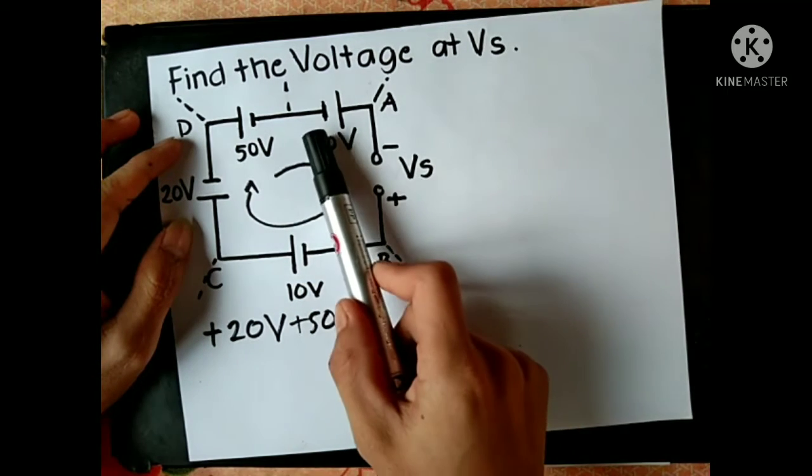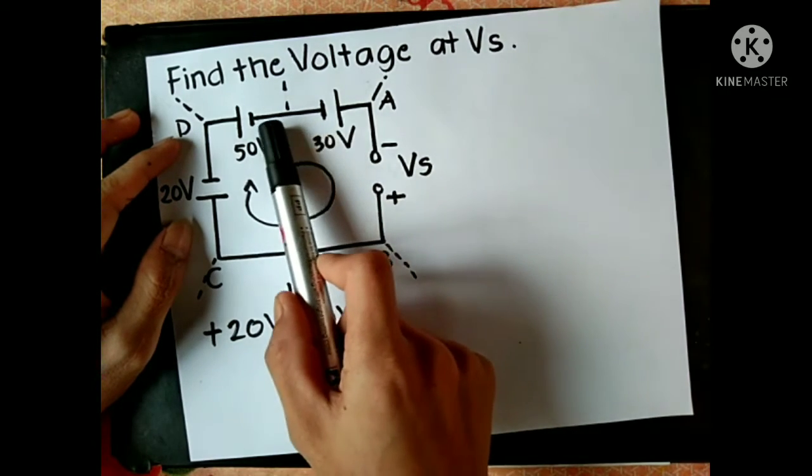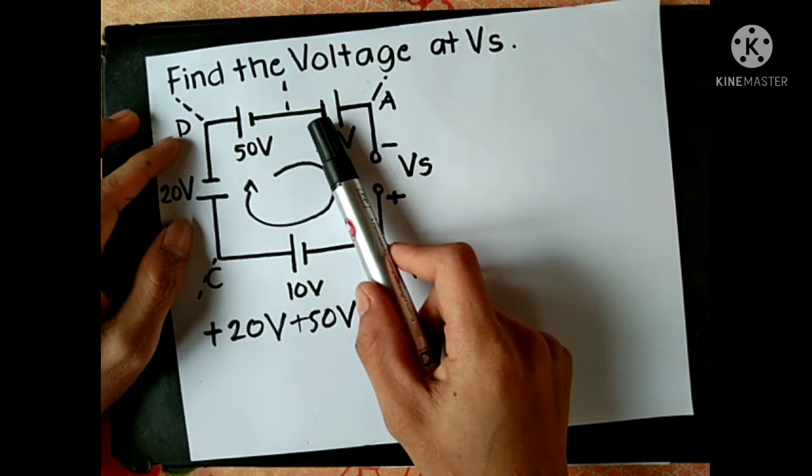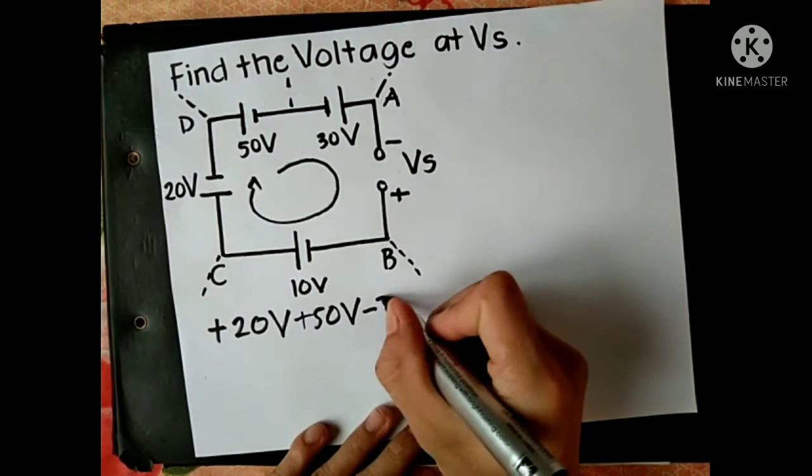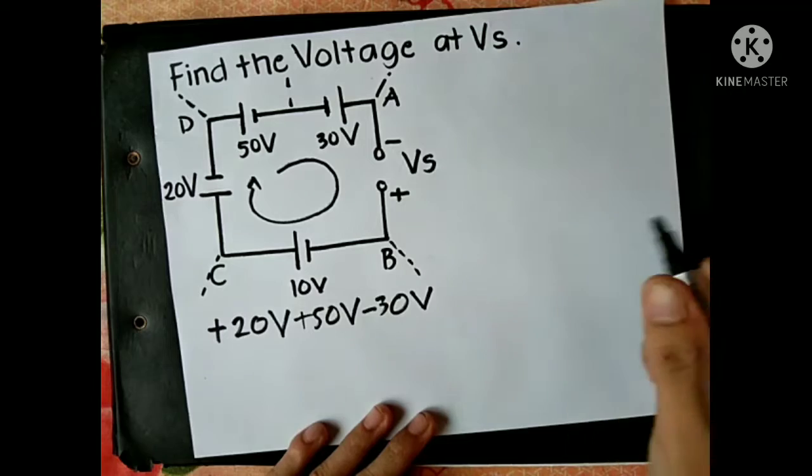As we notice, it enters the lower potential, so it is a negative 30 volts.